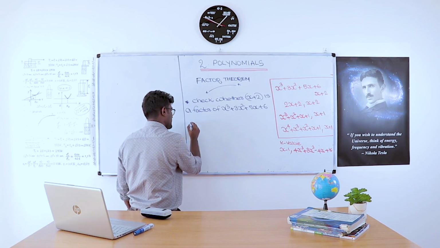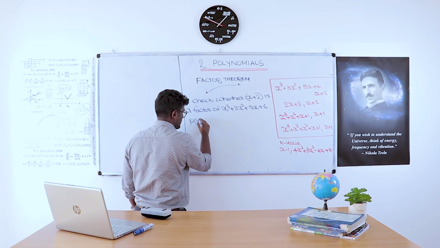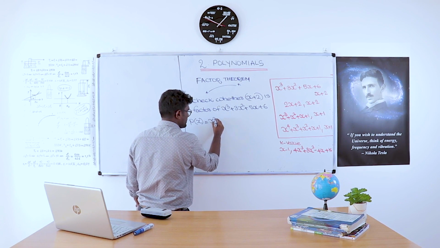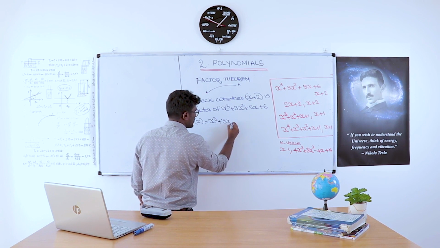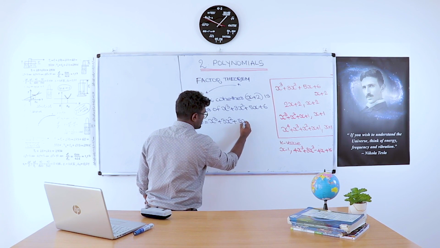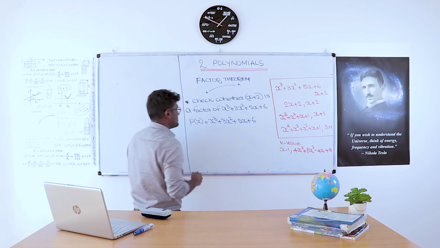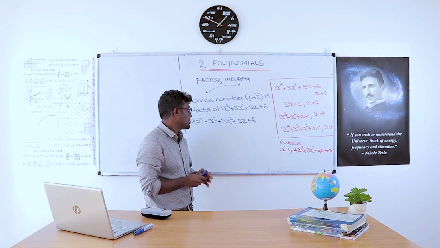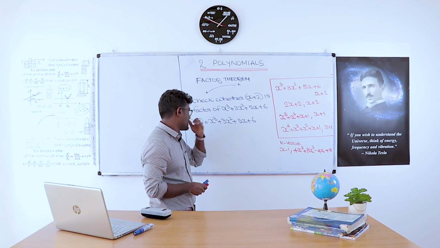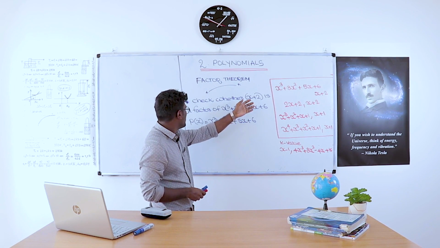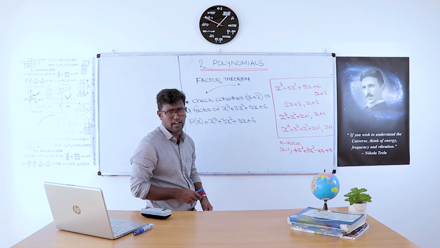So given p of x equals x cube plus 3x square plus 5x plus 6, the polynomial, we want to check whether x plus 2 is a factor.